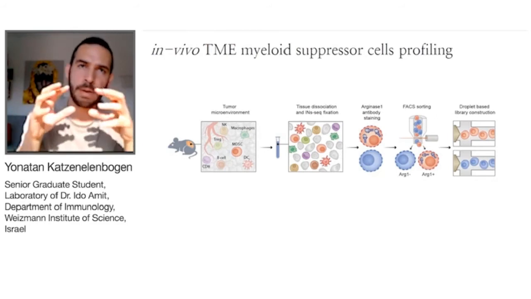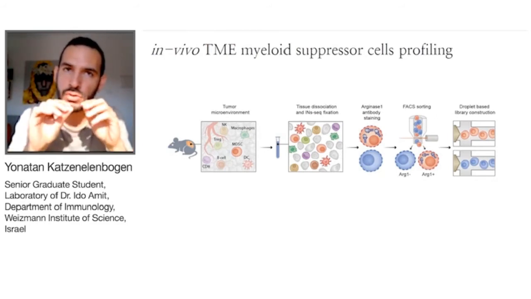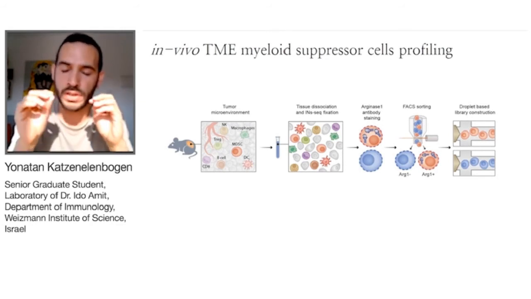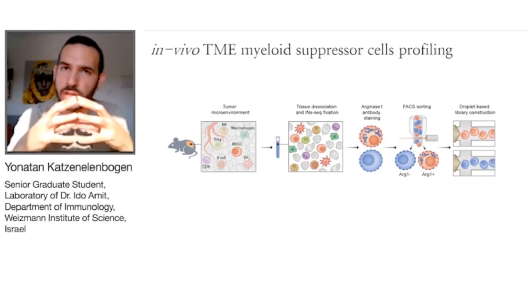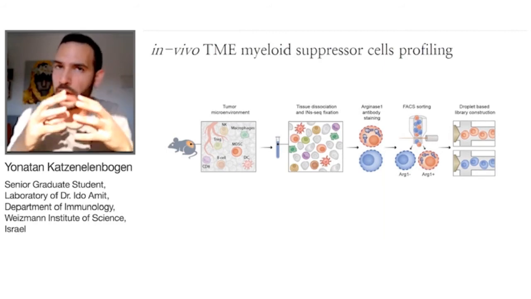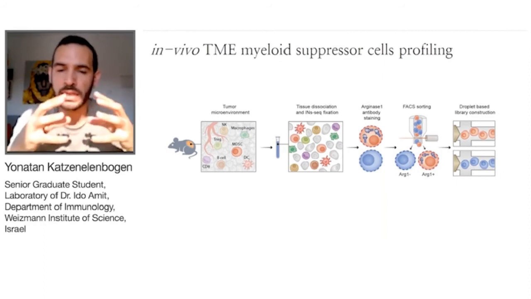But what we were mainly interested in was detecting and profiling the myeloid suppressor cell population within the tumor microenvironment. This subpopulation is quite elusive, and from the outside it looks very much like other cell types, like other macrophages and monocytes, and it's very hard to isolate.